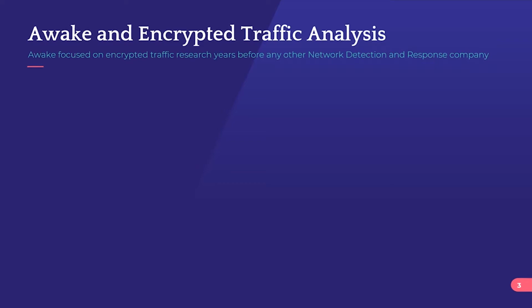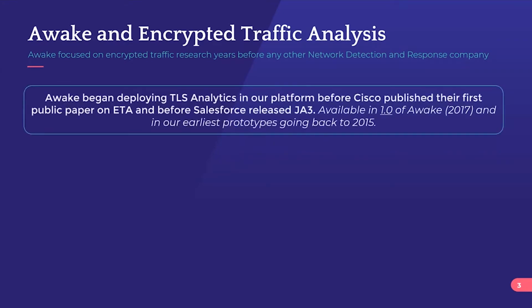By way of summary introduction of why we're even talking about this: one thing to know is that at Awake, we've been doing encrypted traffic analysis since the formation of the company. Our very first prototype that went out the door, as early as 2015, those versions of the system and platform were built around encrypted traffic analysis.